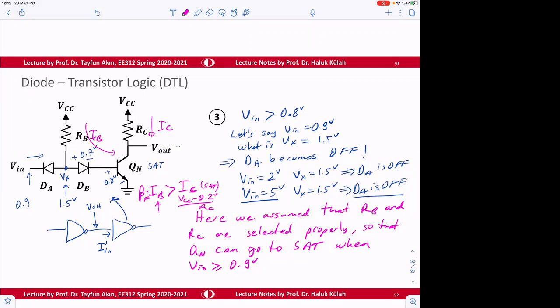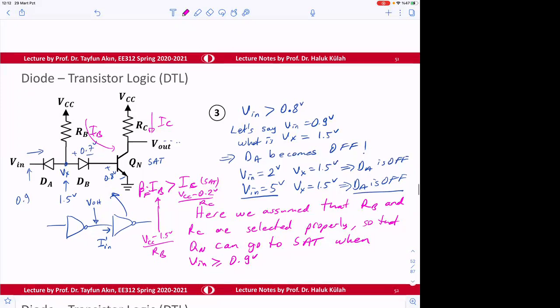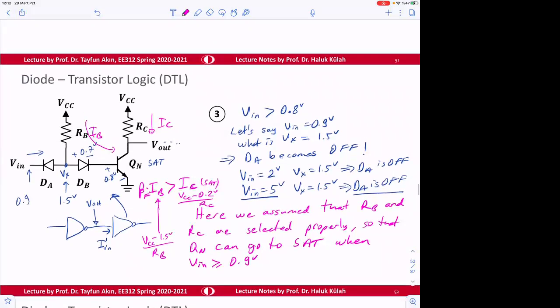Okay, what is IB here? VCC minus 1.5 volt, assuming it's SAT, divided by RB. So that condition should be satisfied, and we know that it's satisfied typically. I mean, when we design it, we design accordingly. So if we don't give you numbers, you can assume that it goes to SAT, because we know that for proper operation, we should do that anyway. Questions?